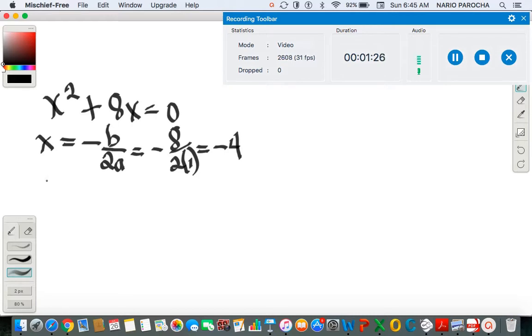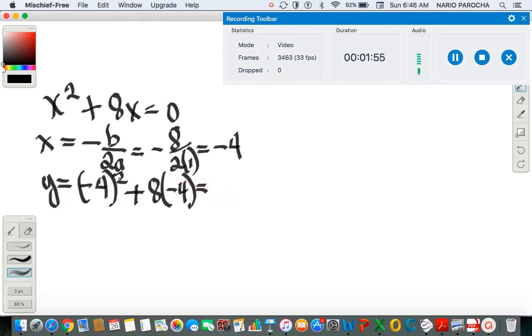Next, I'm going to get the y, to find out the vertex of the parabola. If x is equal to negative 4, my y would be equal to negative 4 squared plus 8 times negative 4.